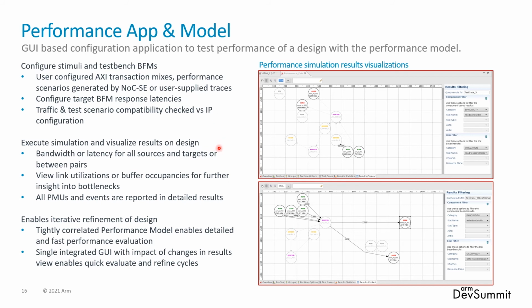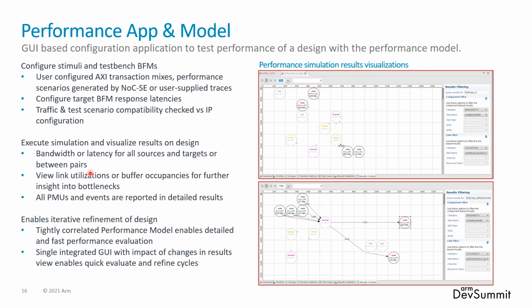The performance model will run using this as stimuli on the NI 700, and it will generate a whole bunch of statistics. Rather, it includes all the PMU events, and these are present in the detailed log. For example, the bandwidth or latency for all sources and targets or between pairwise source and target.